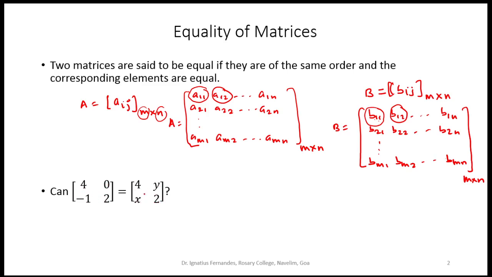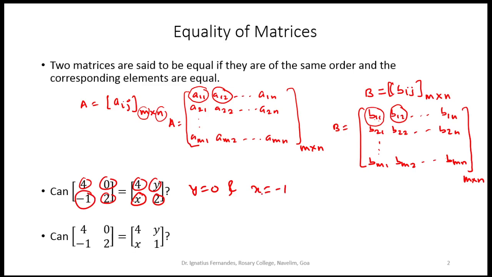So for two matrices to be equal, they should be of the same order and the respective elements should be equal. So I have 4, 4, 2 and 2. So the only way these two matrices can be equal is y has to be equal to 0 and x has to be equal to minus 1. Okay, so for matrices to be equal, the respective position value should be equal.